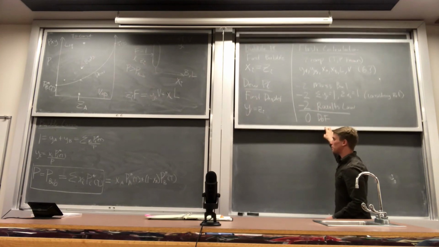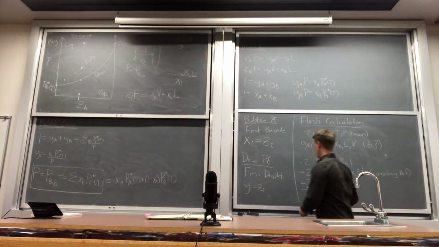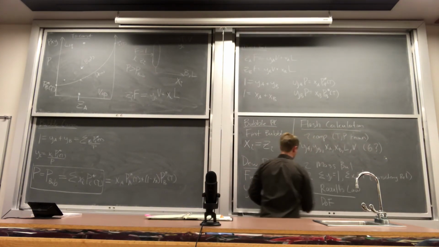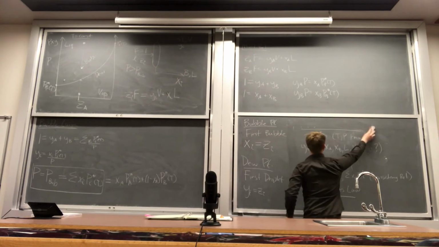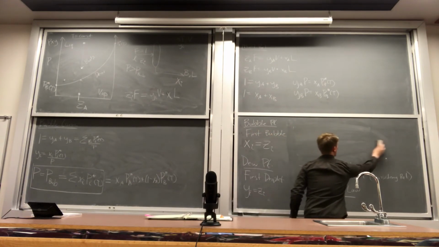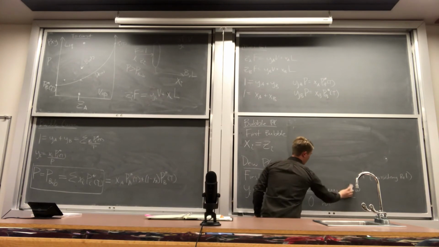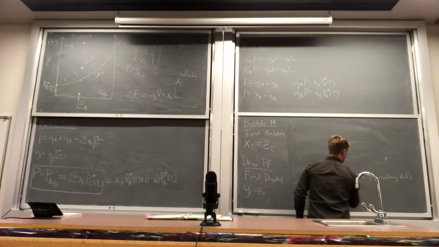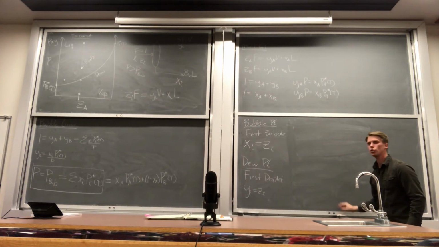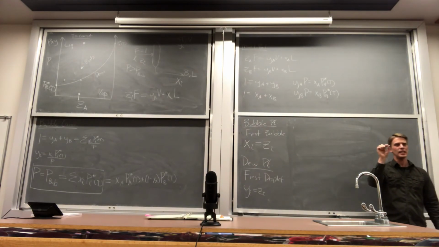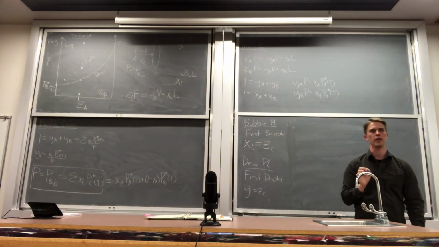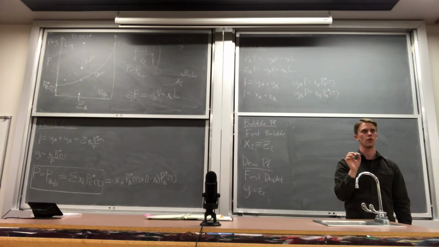Now the dew curve, we are going to do exactly the same thing, but just opposite. So in the dew situation, we know everything that we need to know about the vapor phase, because we're assuming that there is a teeny amount of a liquid droplet that just starts to form.